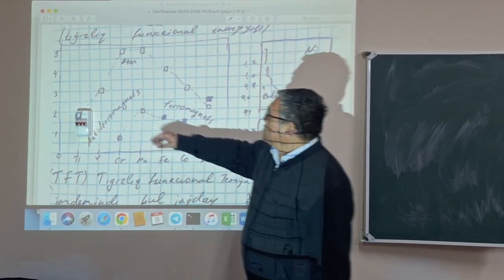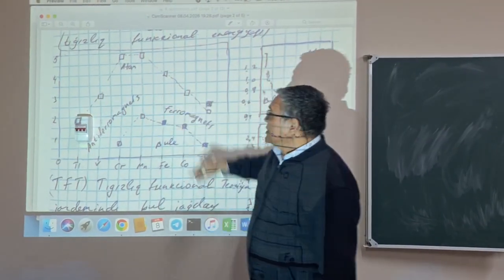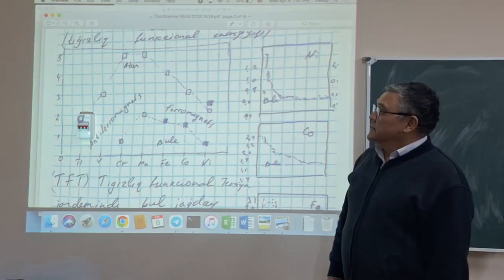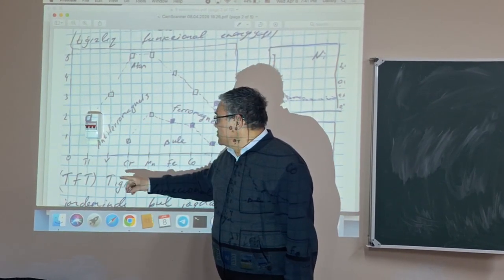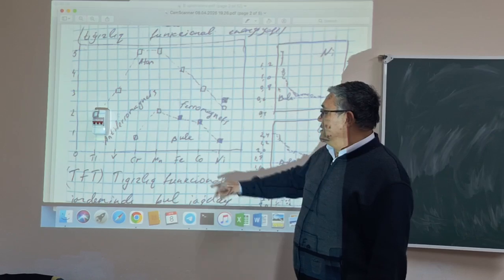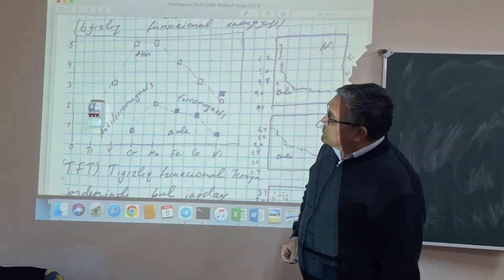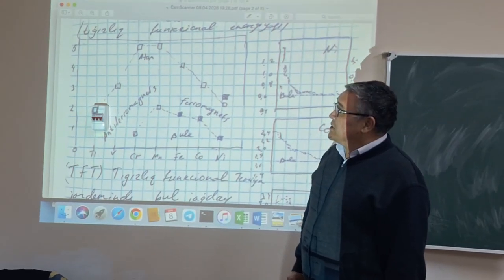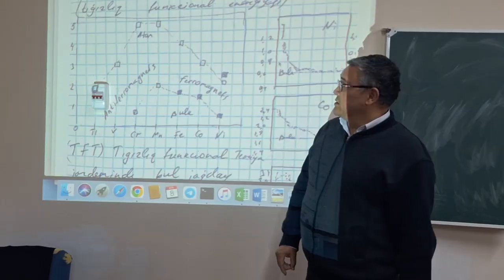So here we have open squares. These open squares correspond to the atoms of 3D elements. For example, we have here titanium, vanadium, chromium, manganese, iron, cobalt, and nickel. In the case of chromium and manganese, we have some maximum values of the magnetic moment here for isolated atoms.